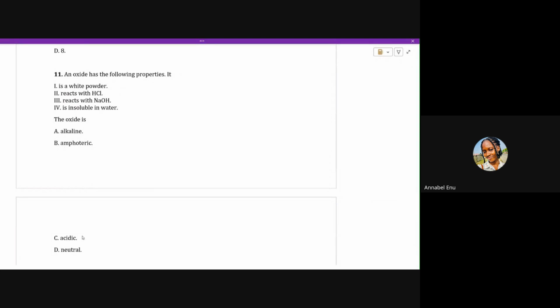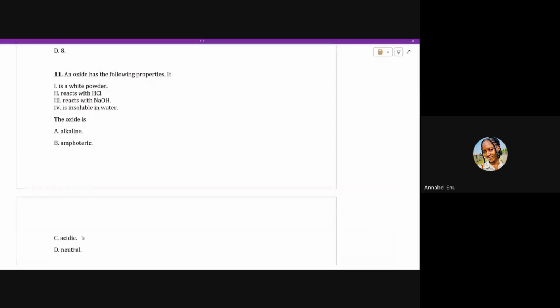So they are now acidic, and because of that, they will be reacting with base, not acid. Now, neutral oxides are neutral. Examples of neutral oxides we have are carbon monoxide, nitrogen oxide, NO, nitric oxide. Those are neutral oxides.